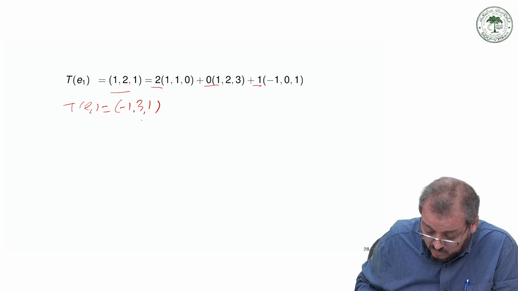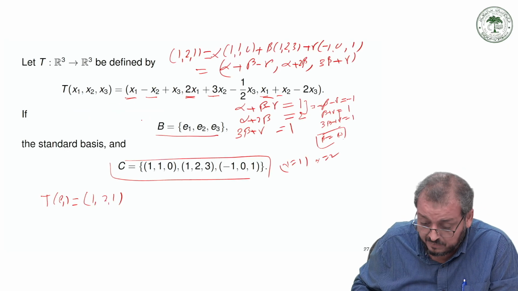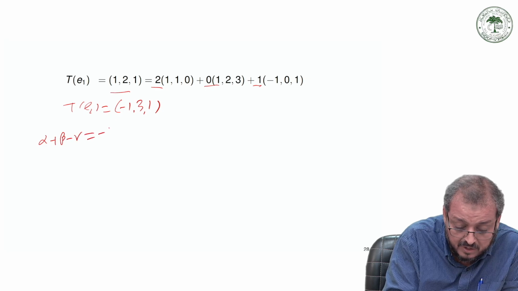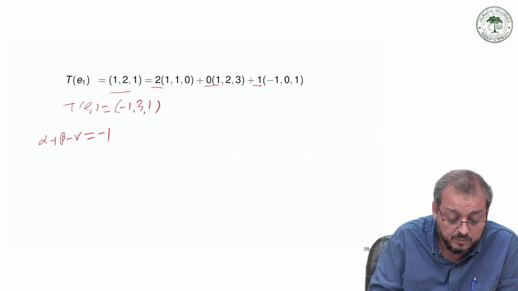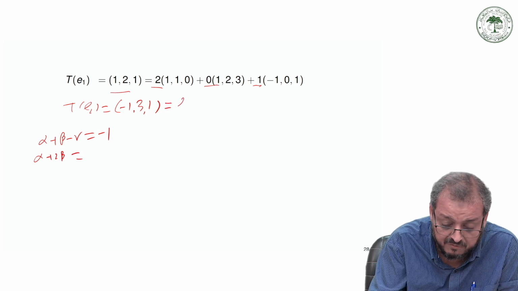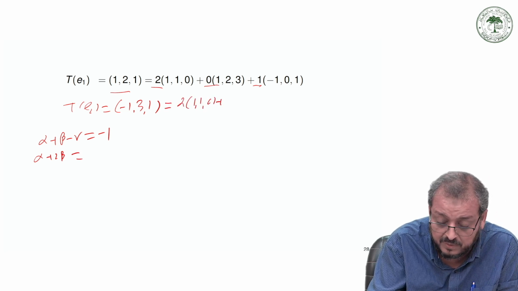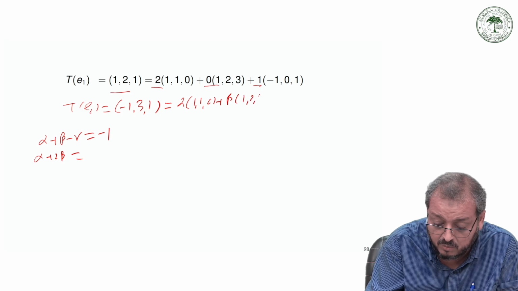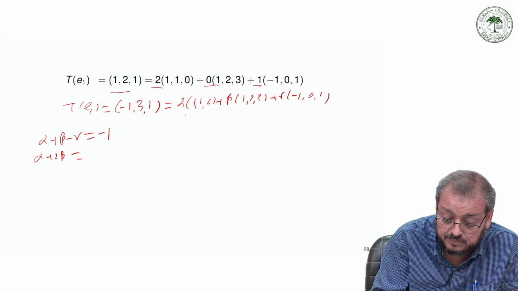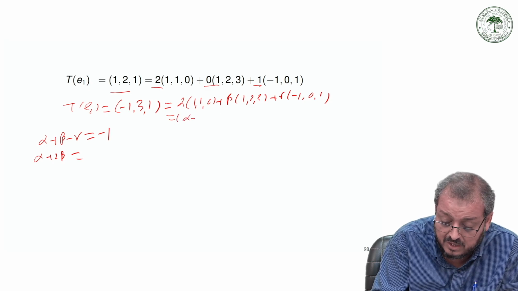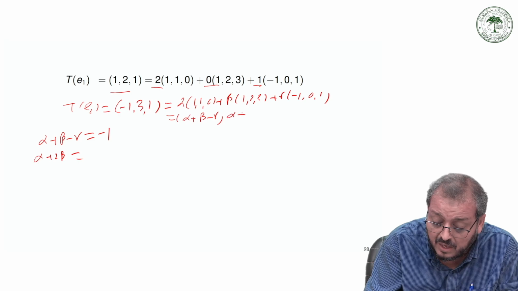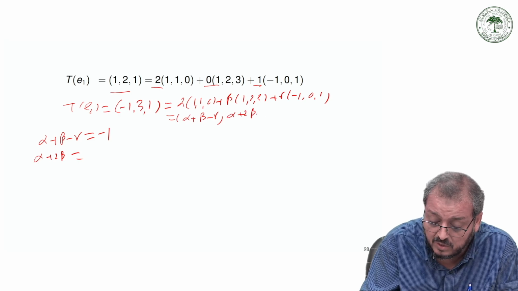Again we check from here, we have alpha plus beta minus gamma is equal to minus 1, and alpha plus 2 beta, this can be written in the form of alpha times 1 1 0 plus beta times 1 2 3 plus gamma times minus 1 0 1. So this means this is nothing but alpha plus beta minus gamma, and then alpha plus 2 beta, and then 3 beta plus gamma.